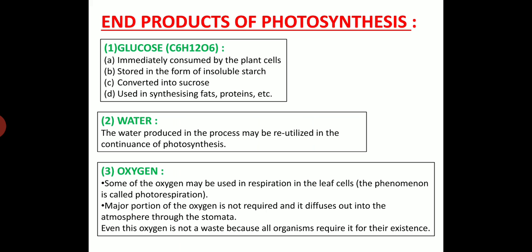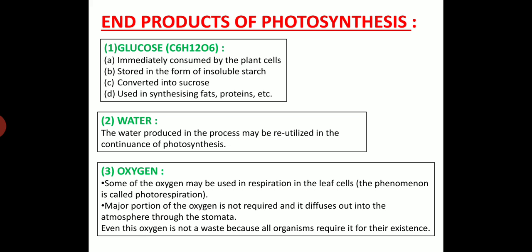I have told you one end product is glucose. The formula is C6H12O6. Now this glucose will be immediately consumed by the plant cells. It will be utilized by plant cells.